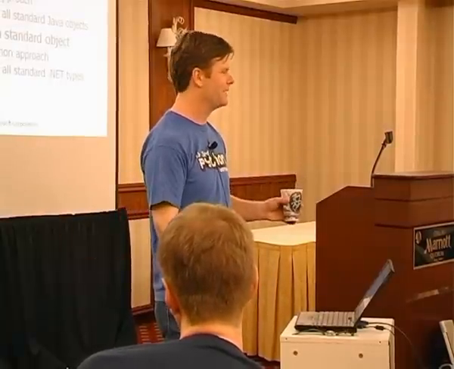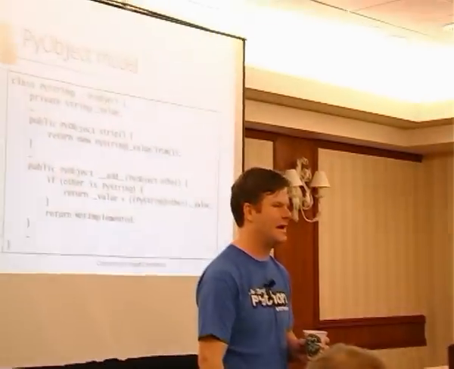We still have to do some wrapping because Python objects behave somewhat differently than .NET ones. So we wrap the .NET types instead of wrapping the objects. And there are a lot fewer types in the world than there are objects. There's one type per large family of objects, so we do a lot less wrapping than we would need to otherwise. Let me be a little bit more concrete about that.